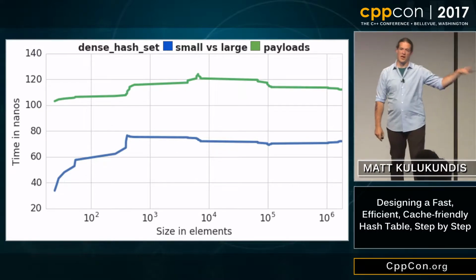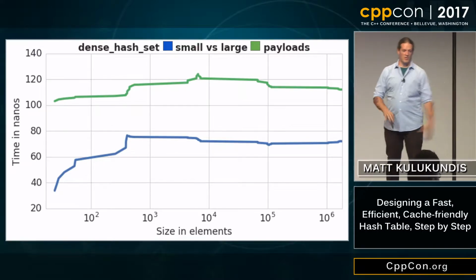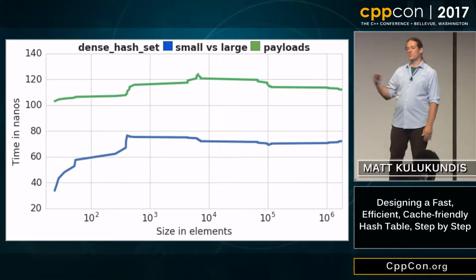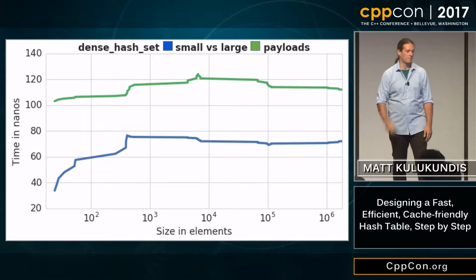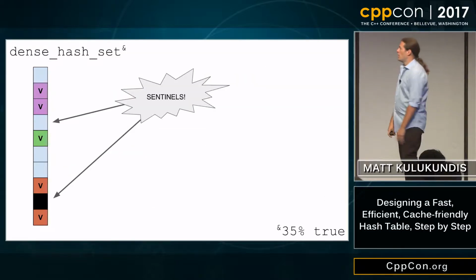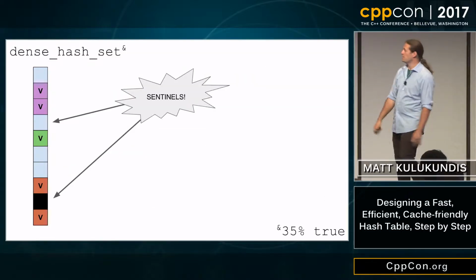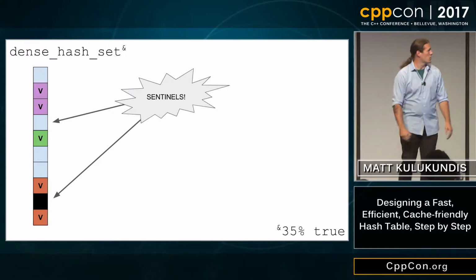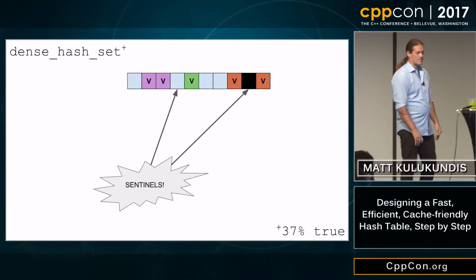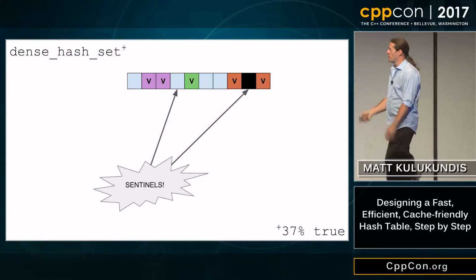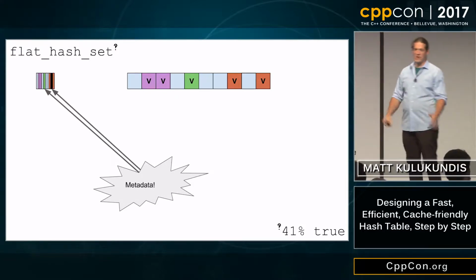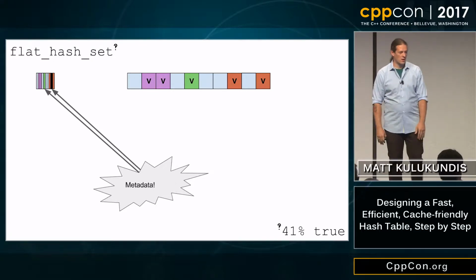We're going to table the size question for a moment and think about maybe we can get rid of the sentinels, because the sentinels are the biggest usability issue for dense hash set. All right, sentinels. I'm going to need a little bit more space. Give me a moment while I rearrange. Yeah, much better. Maybe if I just add a little bit of metadata instead of having sentinels, right? Everybody loves metadata.